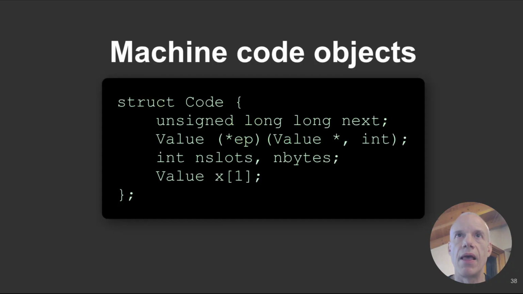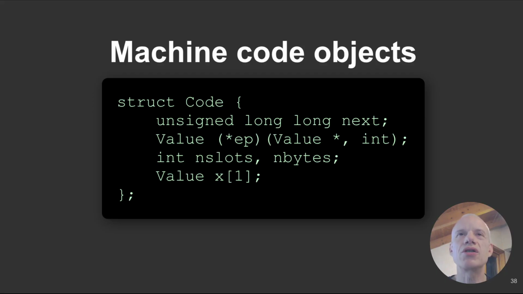And then I have a machine code object that is not a real object, for technical reasons, I don't remember, but there was a reason for this. They are still garbage collected, so they have slots and bytes, but they also have a function pointer. That was annoying to put in bytes. I don't remember why.